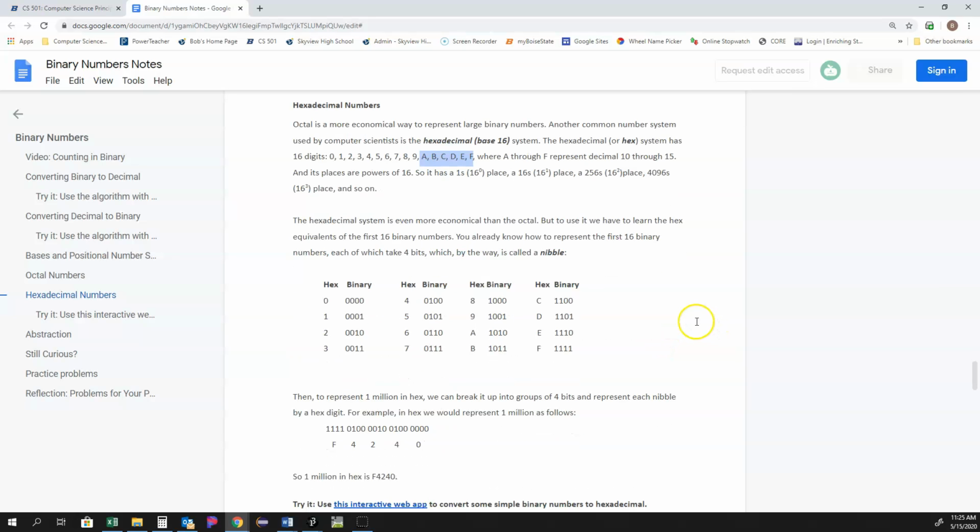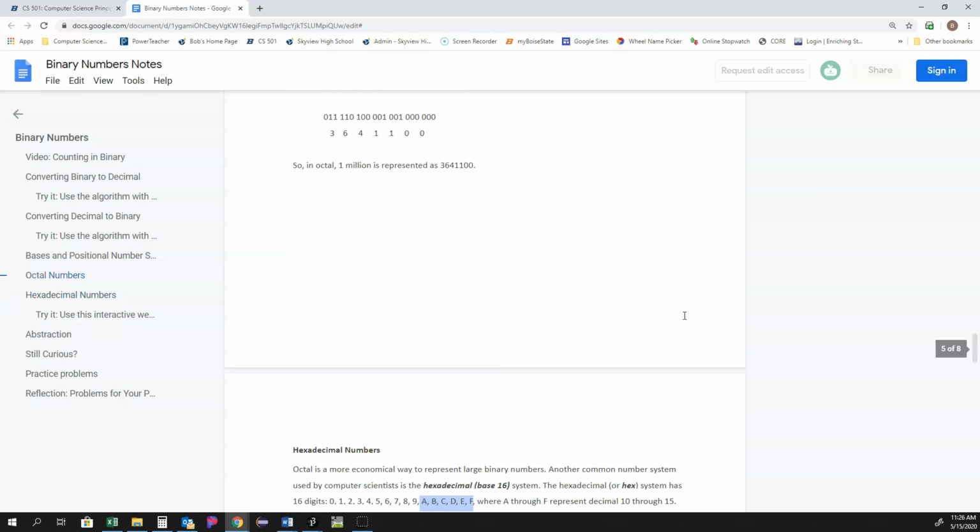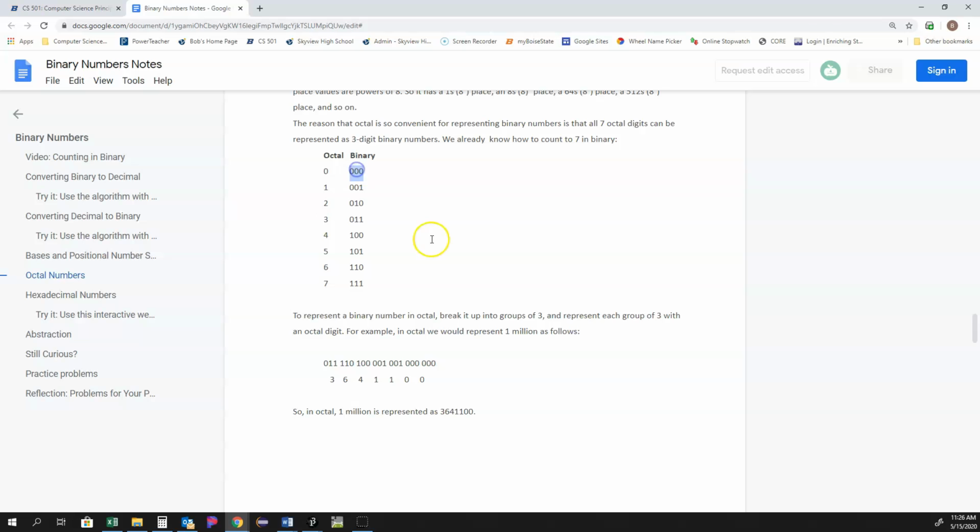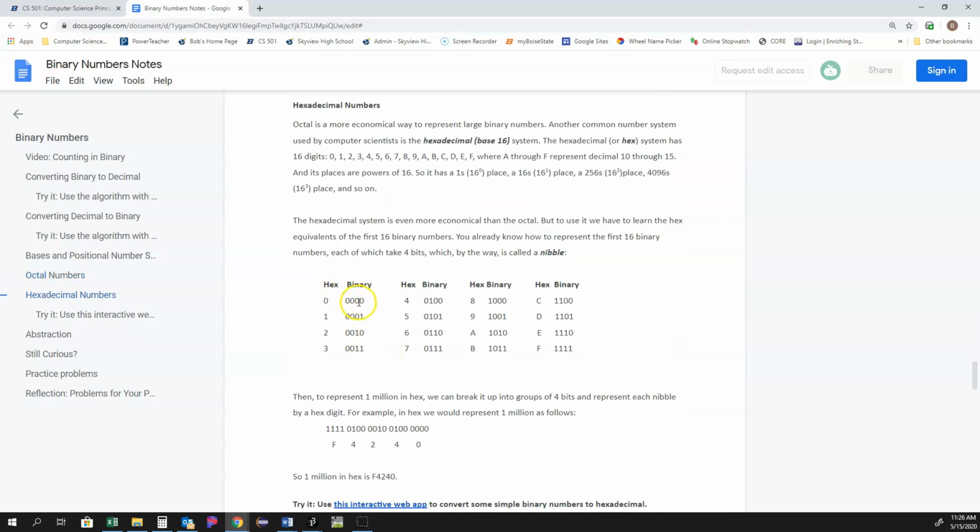It's the same thing as converting from decimal to octal, only instead of breaking it into chunks of 3, we break them into chunks of 4, and then assign a hexadecimal value for those.